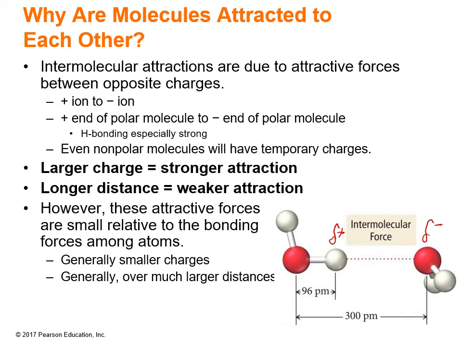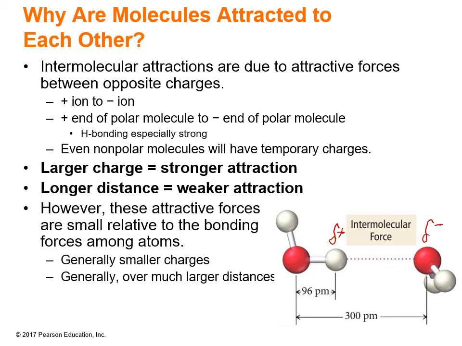Now, even if we have non-polar molecules, there will be temporary charges that happen. And so we'll talk more about that when we talk about the types of intermolecular forces. Now, the structure of the particles determines the strength of the intermolecular forces, and those intermolecular forces determine the state of the substance. So the larger the difference in the charge, the stronger the attraction is going to be.